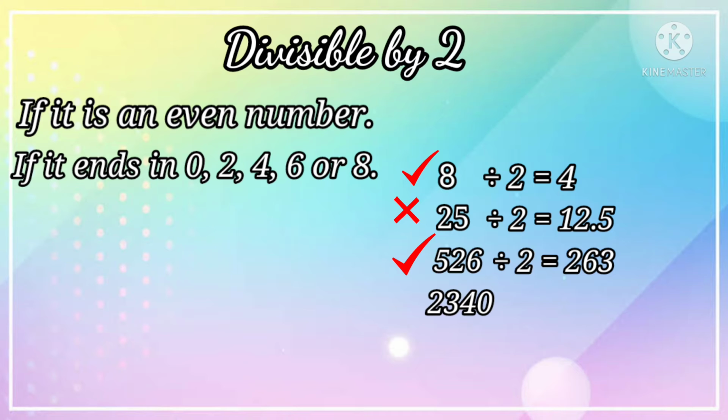That is 0. Since 0 is an even number, 2340 is divisible by 2. And to our last example, 1435, and our ending number is 5. And since 5 is an odd number, therefore 1435 is not divisible by 2.